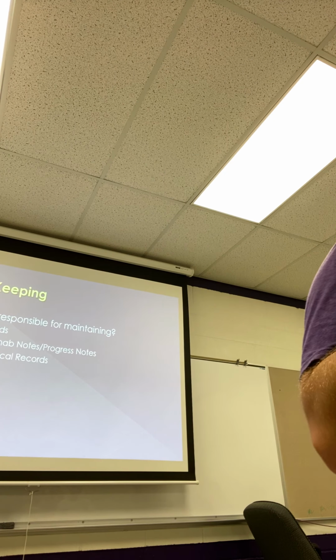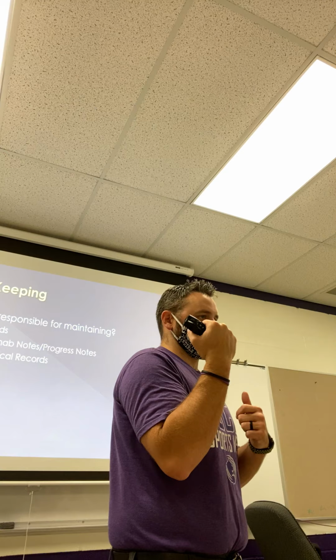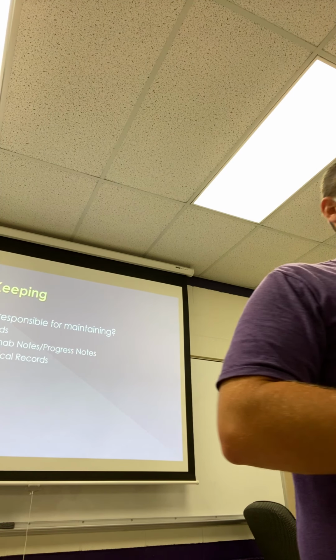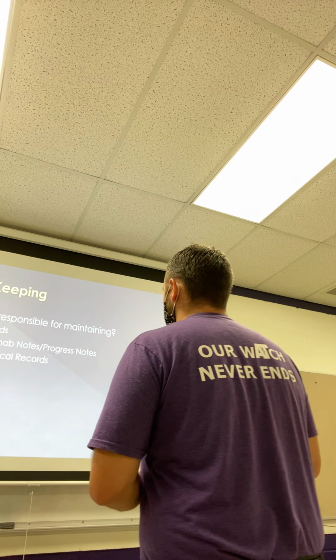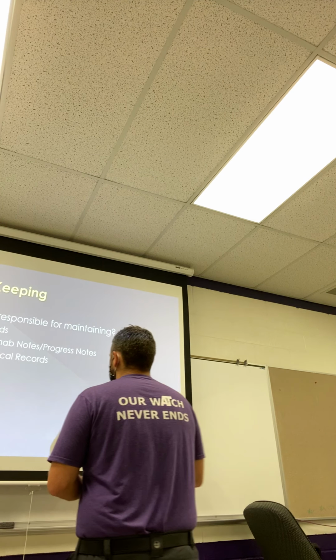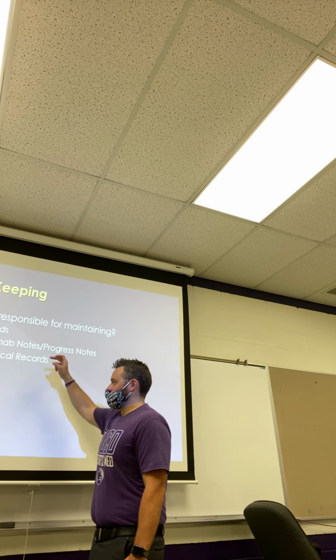So if somebody in 5 years wants to come back and say, "Hey, I need records from Butler," we have them. But if they're over 7 or 8 years, we're not going to have them. We'll get rid of them. So we keep our medical records, injury notes, rehab notes, progress notes, and any signed release of medical records.